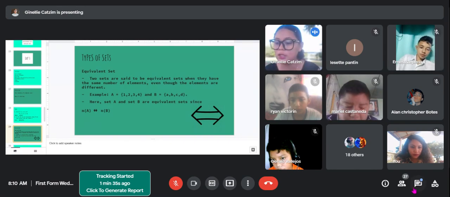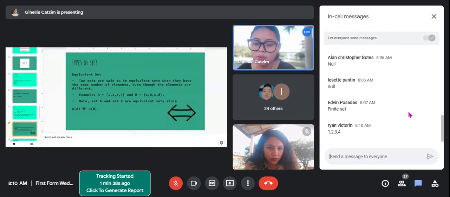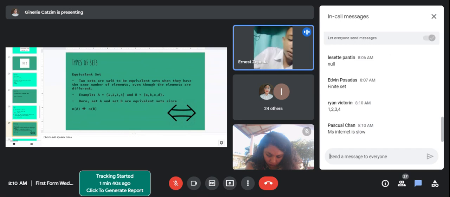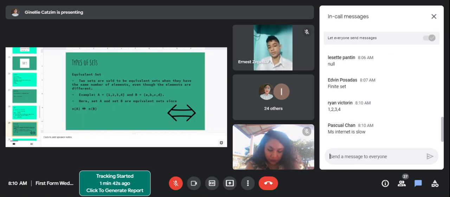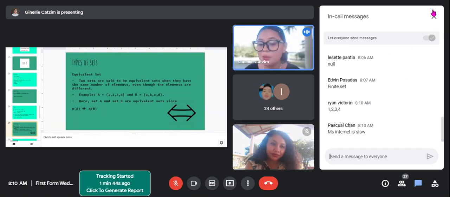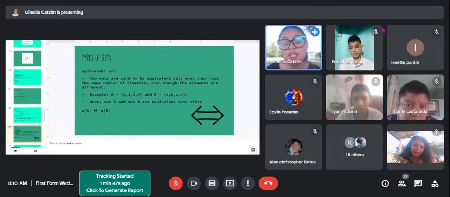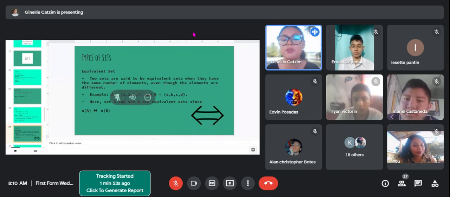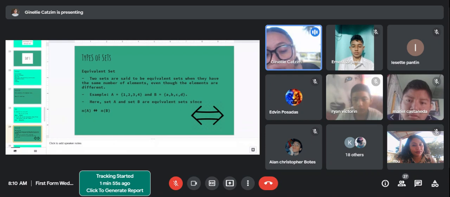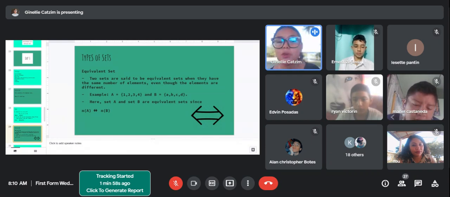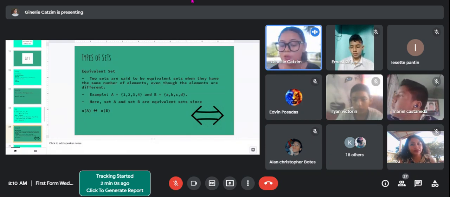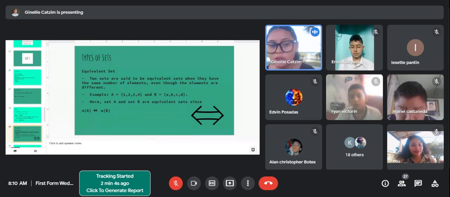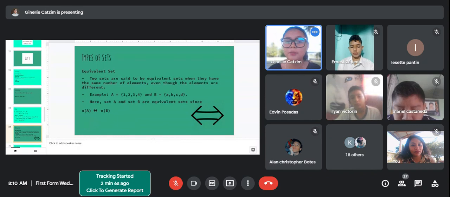And that could be, in a football game, Miss, two teams have 11 each. Very good, right? The two teams have 11, but they are not the same elements. You cannot have the same player on this side and on the other side, right? So very good observation. That's a very good example of equivalence. They have the same amount of players, but they do not have the same players. Okay, so that is an equivalent set.